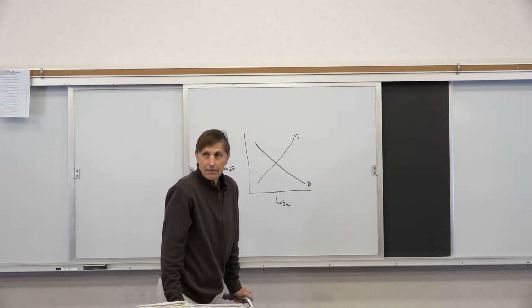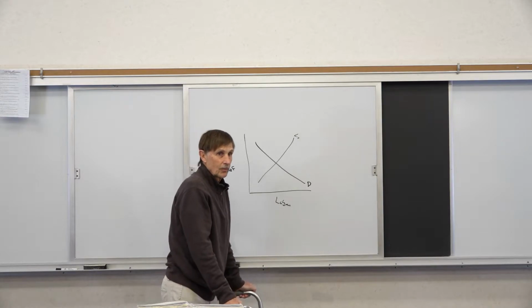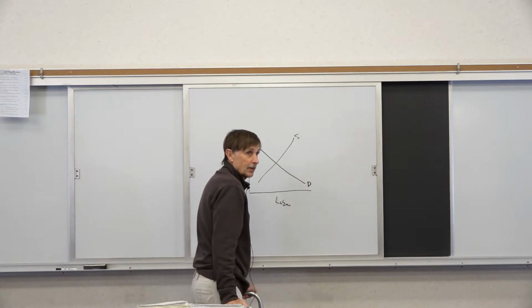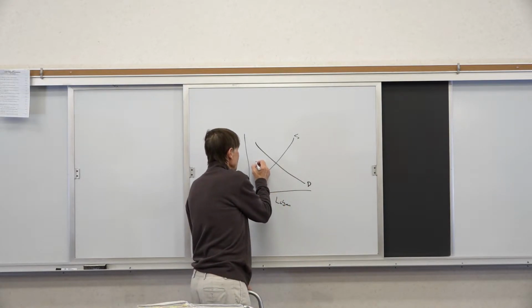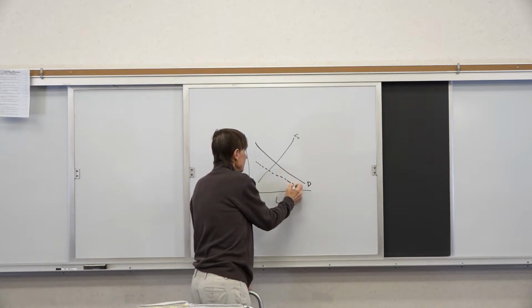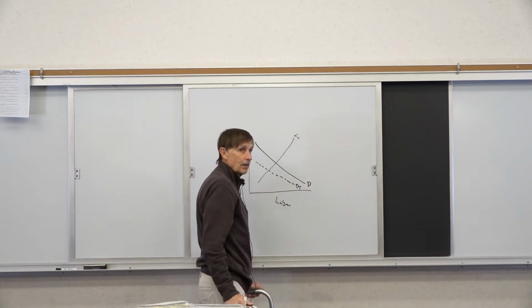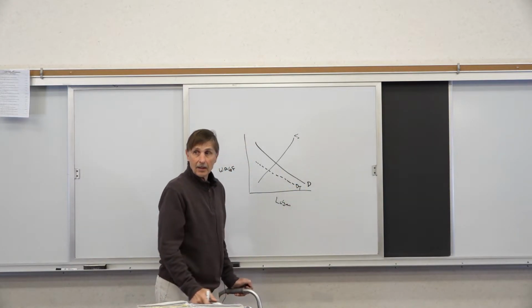You're going to reduce the demand for labor, right? Because they're going to have to pay the tax. So the demand for labor is going to fall by the amount of the tax, right?